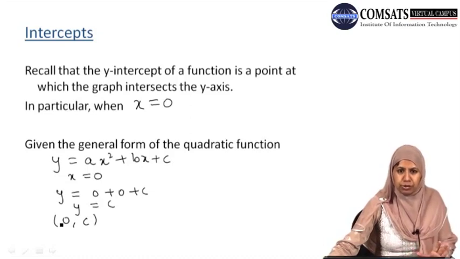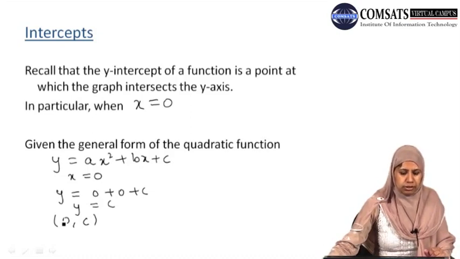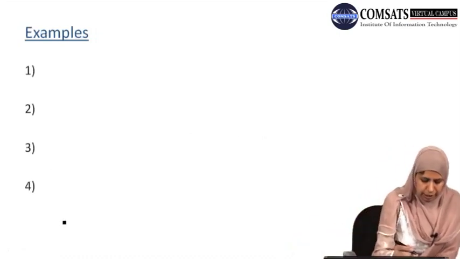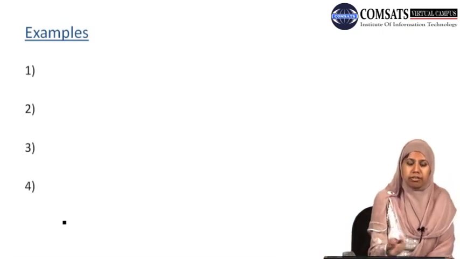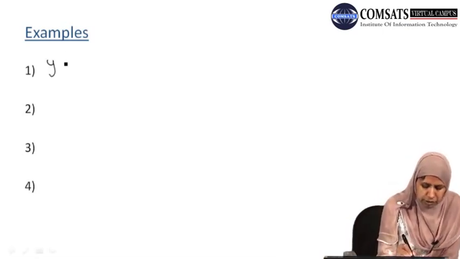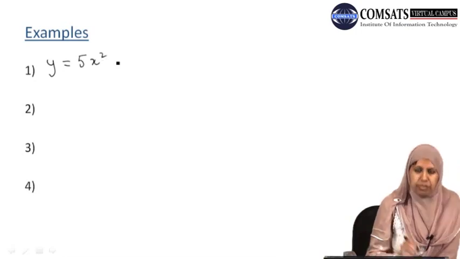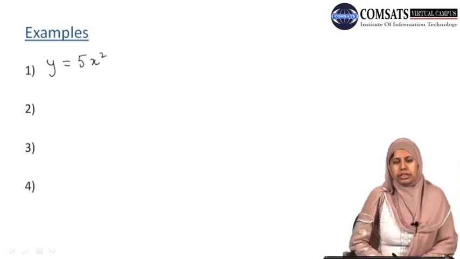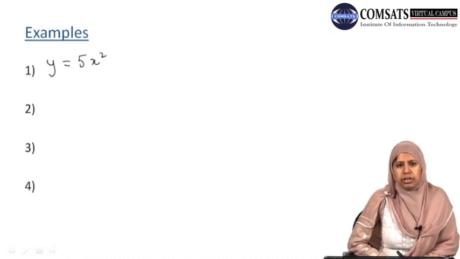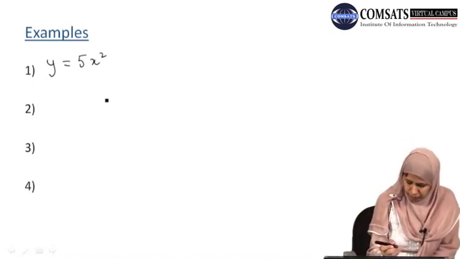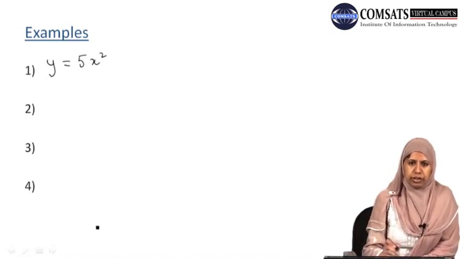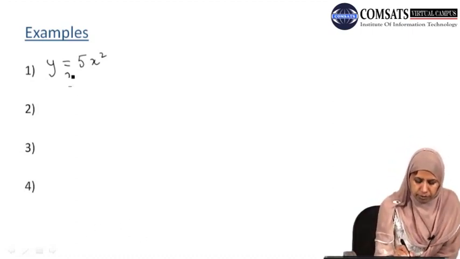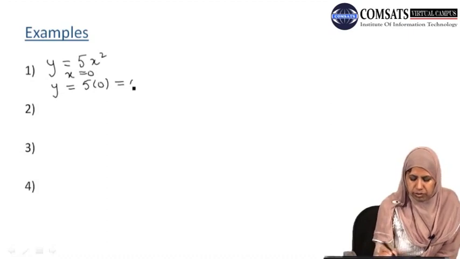Now let's come back to our 4 examples of quadratic functions which we have identified from the initial examples, and let's calculate the y-intercept of these examples. The first one is y is equals to 5x square, and we are interested in finding the y-intercept of this quadratic function. What is the procedure? Simply put the value of x is equals to 0 in the given function. We obtain y is equals to 5 into 0 square, which is 0.